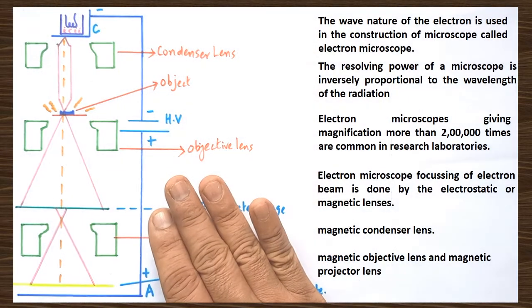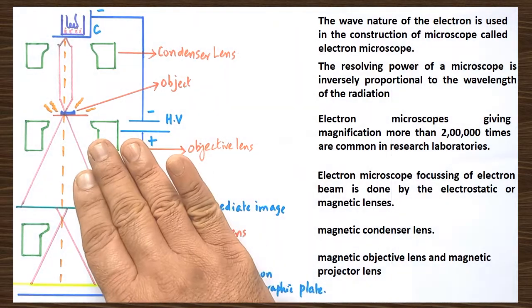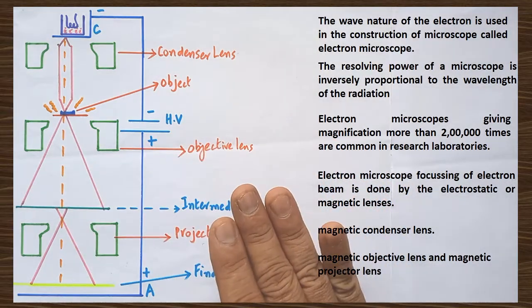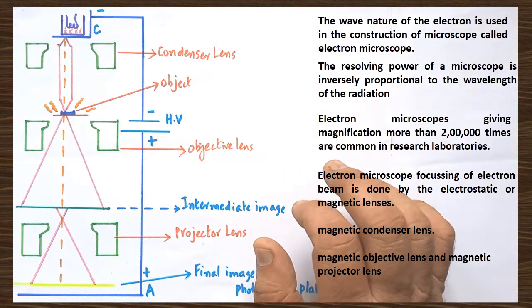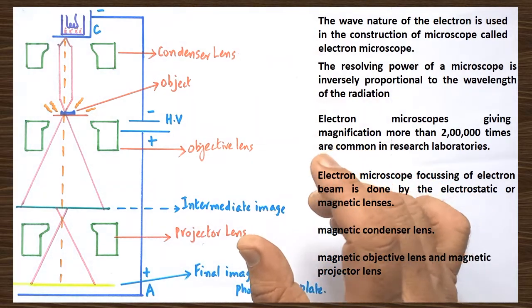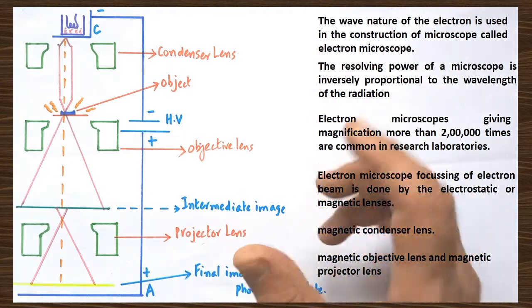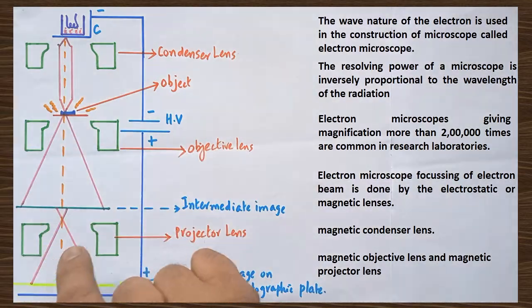The electron microscope. Here, the working of the electron microscope and the optical microscope are almost similar, but in the case of the ordinary optical microscope, glass is used for the lenses. Are you clear? To converge or diverge, glass lenses are used, but here it is not so.